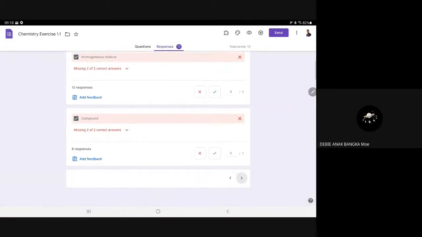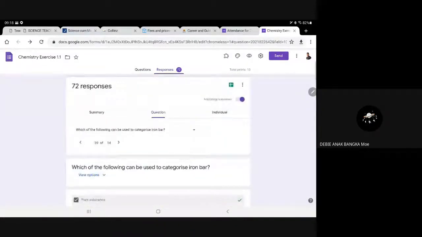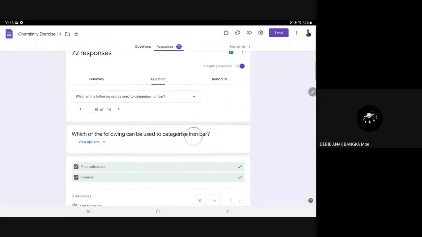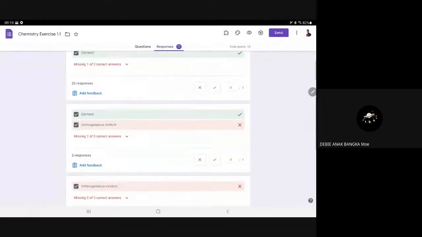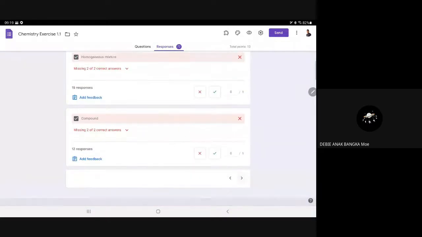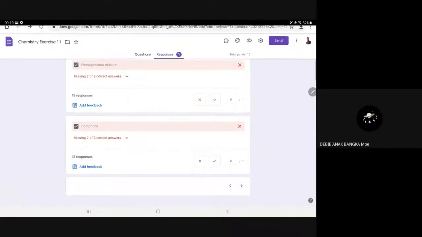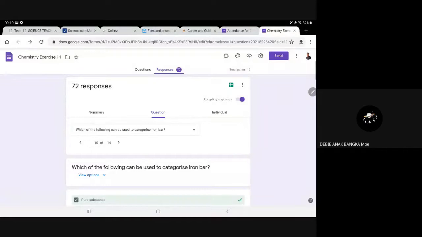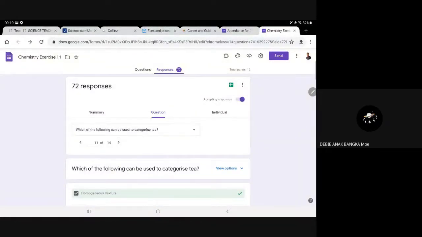And then the next one, what question was it? Iron bar. Okay, iron bar is made up of iron only, therefore it is a pure substance, an element. Whereas the next one, tea. Tea also has notes, should not be a problem, it is a homogeneous mixture.